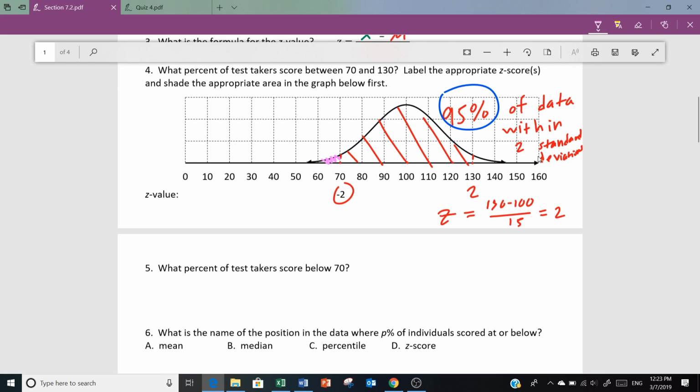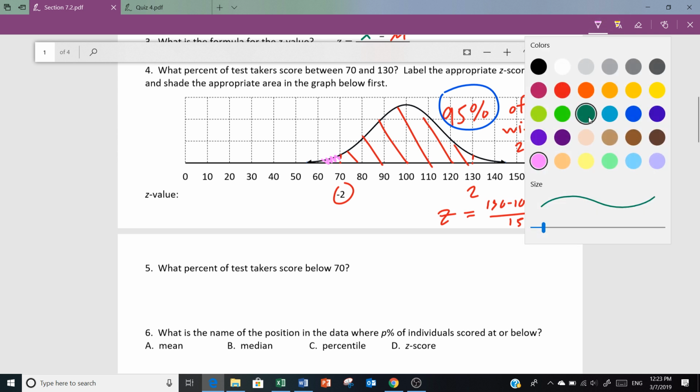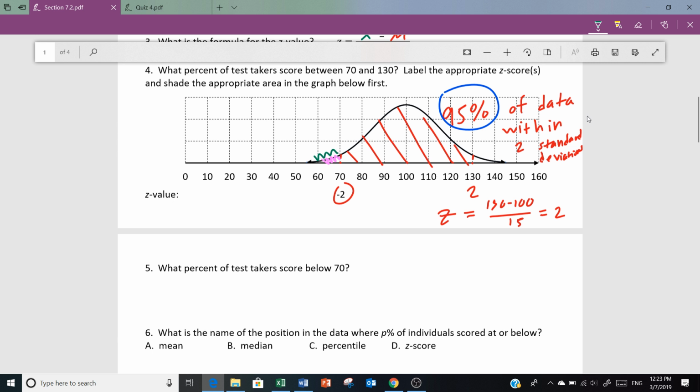If we have 95% in the middle, that means we have 5% total on the sides. But I just want one side, so I take my 5% divided by 2, which is 2.5%.